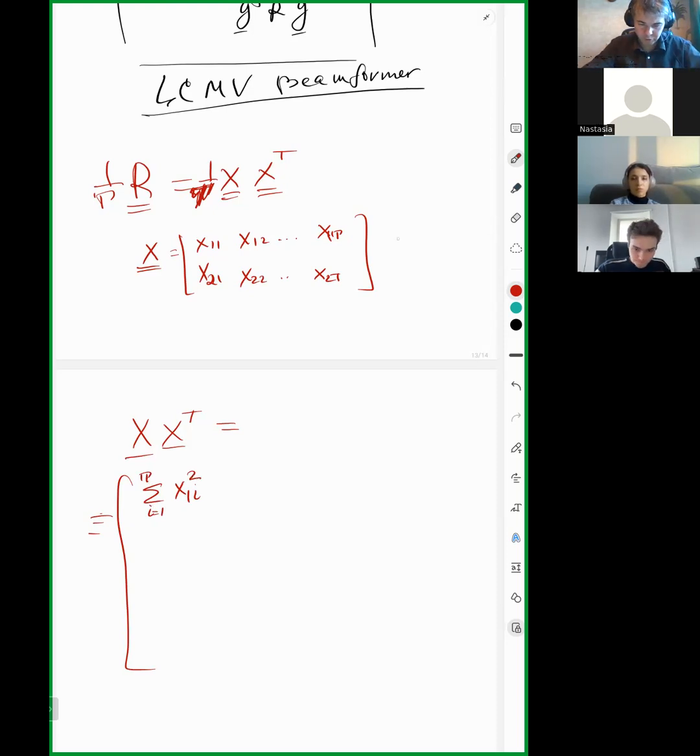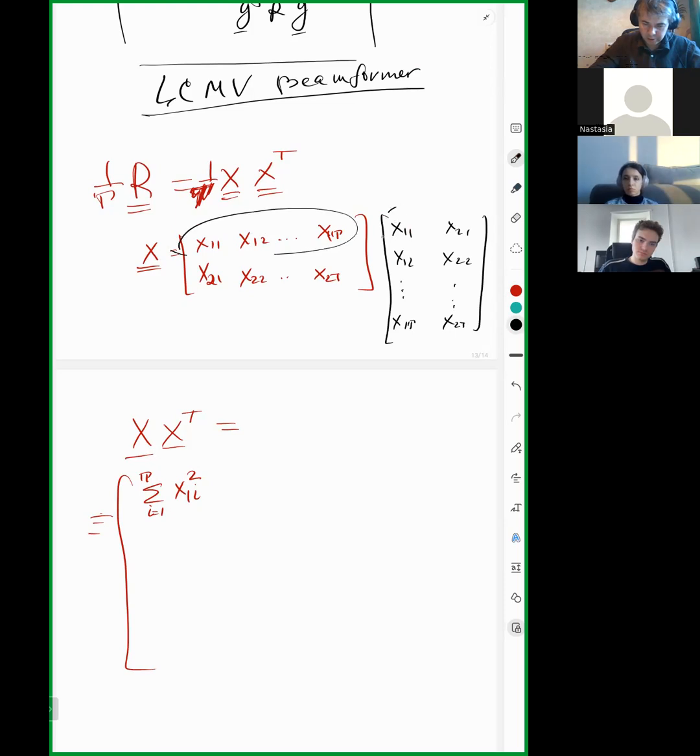Because if you write it here, x11, x12, x1T, and x21, x22, x2T, then this diagonal element will be this row multiplied by this column, which is a summation over this index of these two. So it's basically the sum of x11 squared, x12 squared, x1T squared, et cetera.